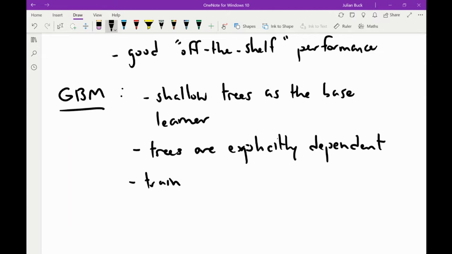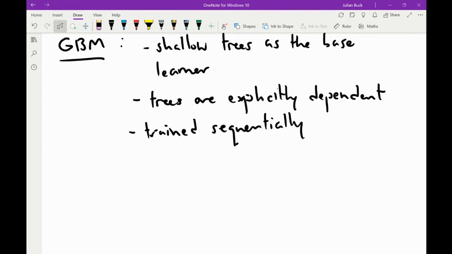This is because they're trained sequentially. A result of this that we'll talk about next time is that they can overfit more easily. So random forests are hard to overfit. Gradient boosting machines can easily overfit if we're not careful.